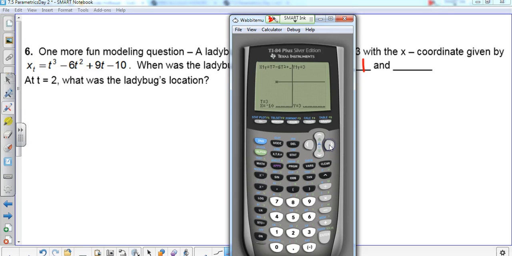Then she's at -10, and then she's back at -9.99. So at 3 seconds she turned around again. If you type 2, at 2 seconds, if it was in seconds, I'm just making that up, she was at -8.3.